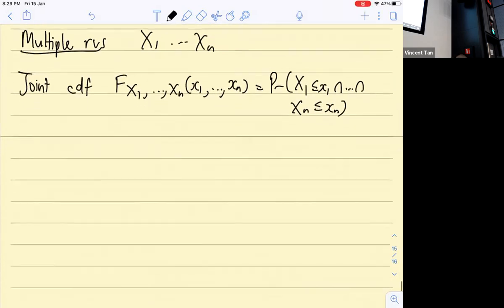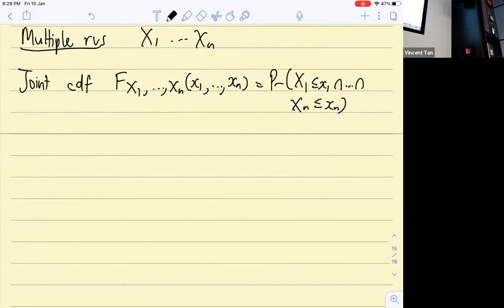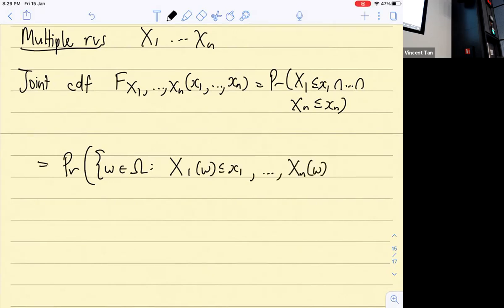That's a generalization of the standard situation where we only have one random variable. More precisely, this is the probability of omega inside the sample space for which X1 of omega is less than x1 and Xn of omega is less than xn. So that's the long form of it.